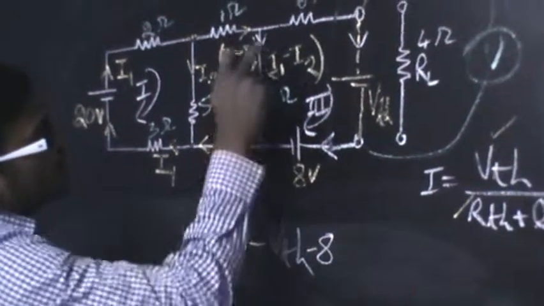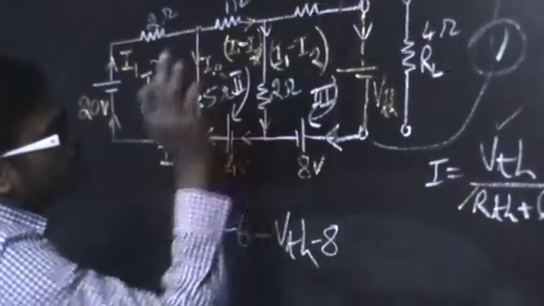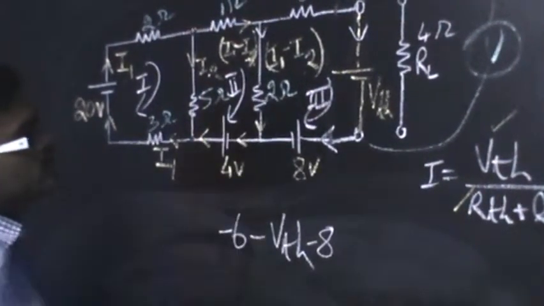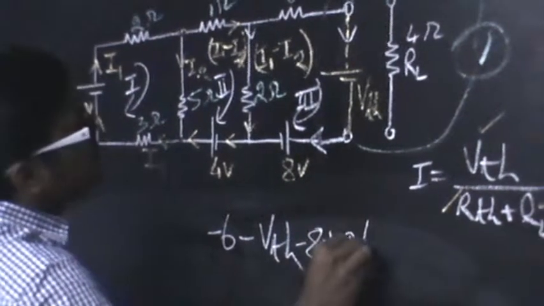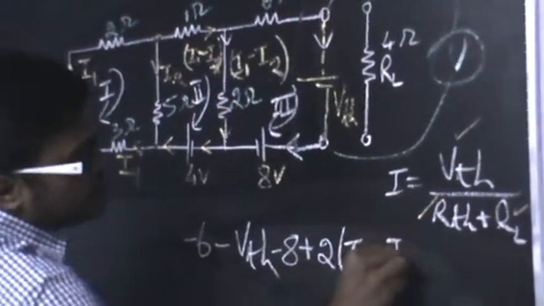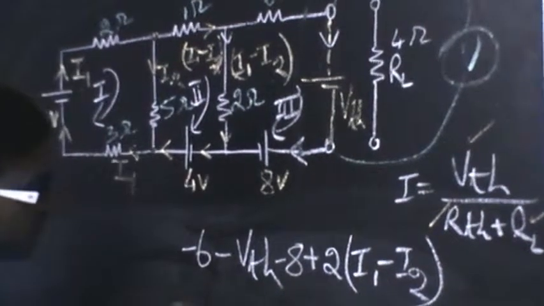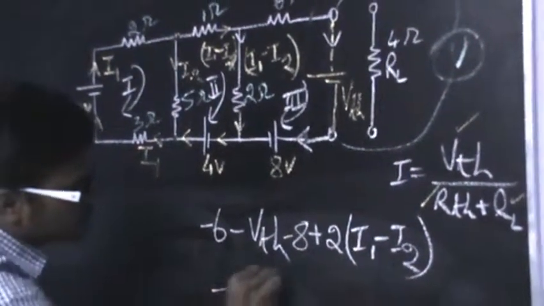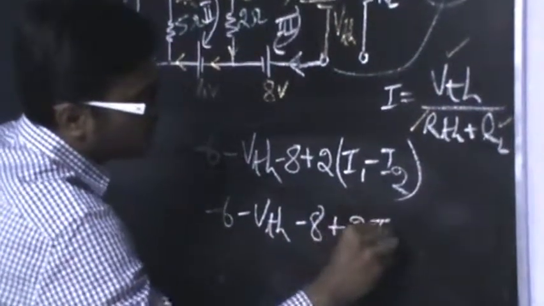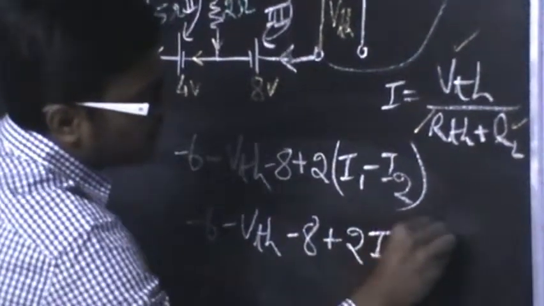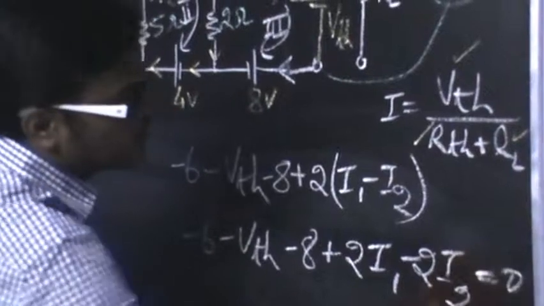Here if I go, the current is coming down and we have to find the voltage. Its voltage is in the opposite direction, so I'll be getting plus 2 into I1 minus I2. So if I solve this equation, -6 minus VTH minus 8 plus 2I1 minus 2I2 is equal to 0.